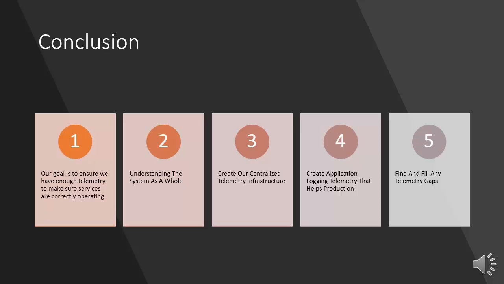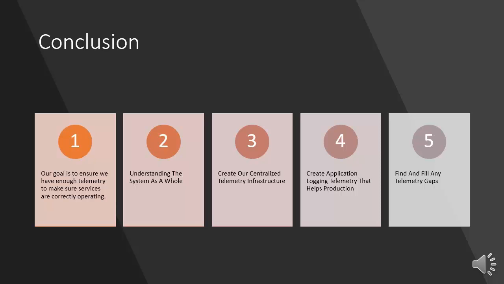In finishing today, we want to remind everyone that our goal is to ensure we have enough telemetry to make sure services are correctly operating by understanding the system as a whole: creating or centralizing telemetry infrastructure, collecting data at all levels of the pipeline, using metrics to determine health of the system, and integrating self-service APIs for access to all levels.